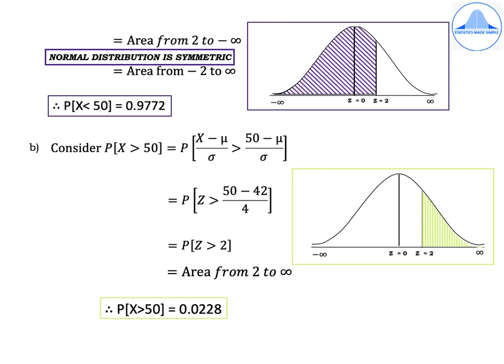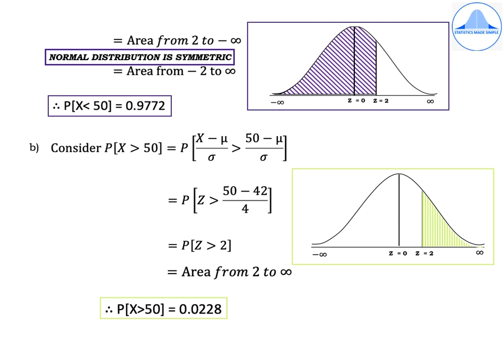So you'll get this step as probability of (x minus mu) by sigma is greater than (50 minus mu) by sigma. Now you know that mu is 42 and sigma is 4, and (x minus mu) by sigma is z. So you will get probability of z greater than (50 minus 42) divided by 4, and on simplification now it is probability of z greater than 2.